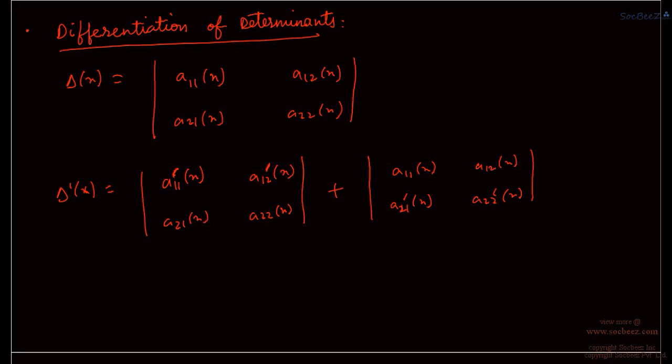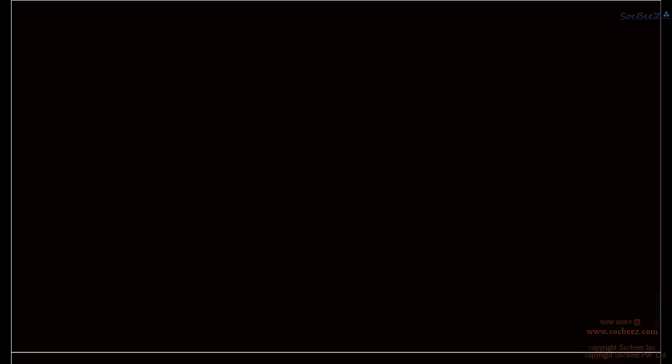So this is the general rule for differentiating a determinant. You keep differentiating one row or one column at a time, fix either column or row, differentiate one at a time, and add these determinants. That is how you find the differentiation of determinants.